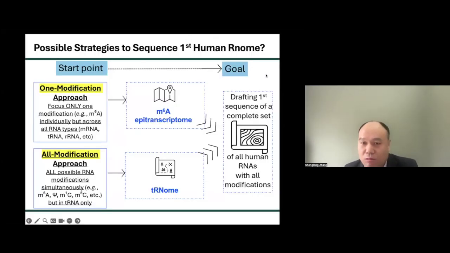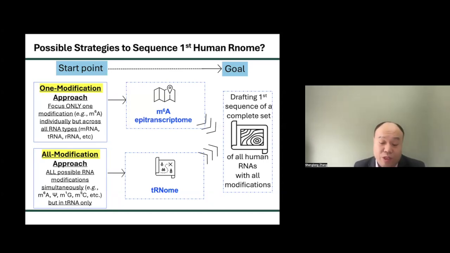If we set the human RNome as a goal, there are probably two main strategies that can be used to sequence the first human RNome. The first one is what we call the one modification approach. Focus on one modification, like m6A, and map it across all different RNA types, like messenger RNA, tRNA, ribosomal RNA, etc. That will lead to the m6A epitranscriptome, hoping this can be extended to a lot of modifications as well.